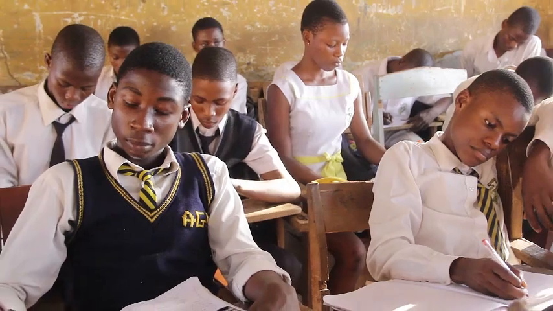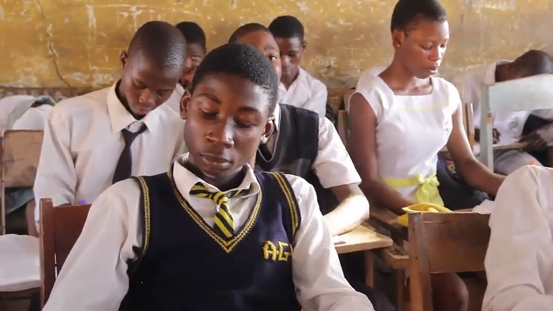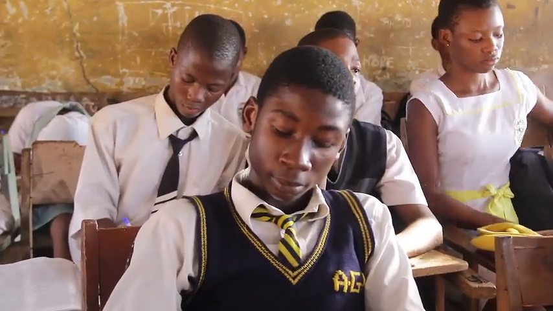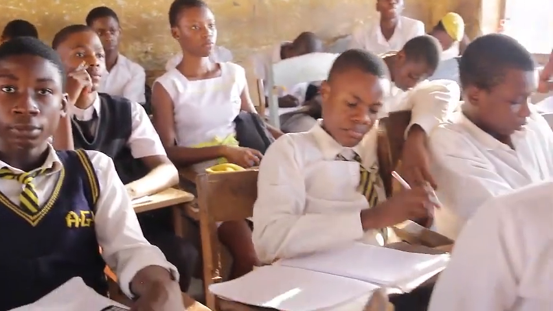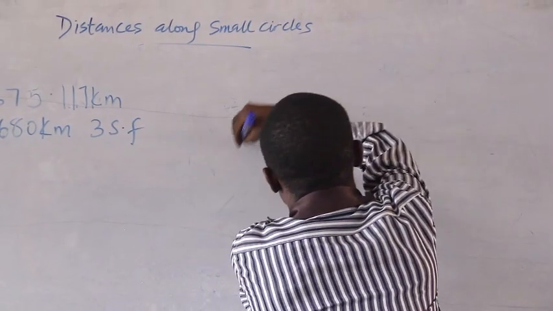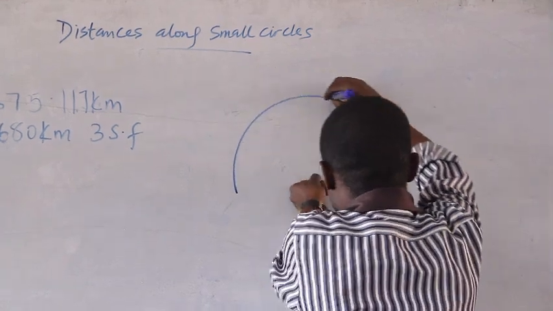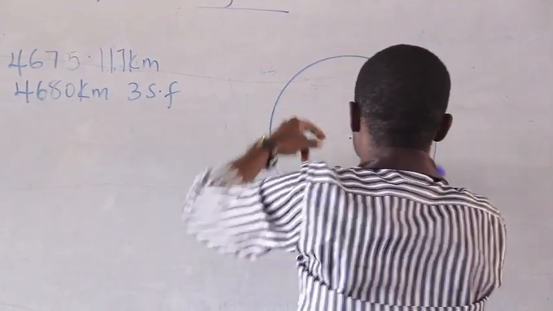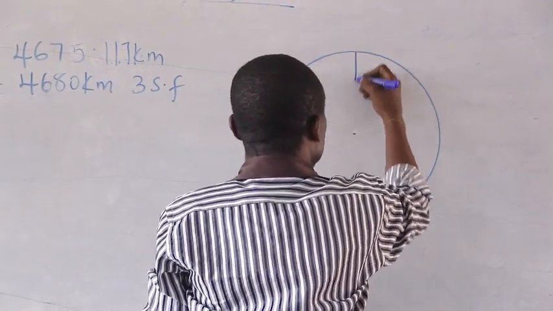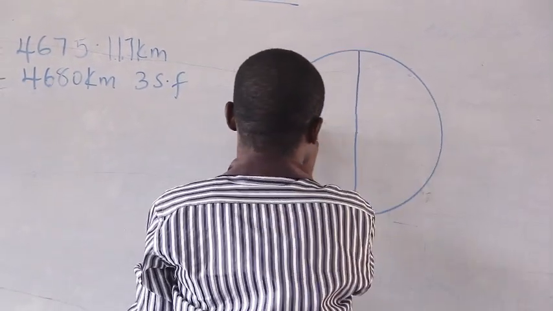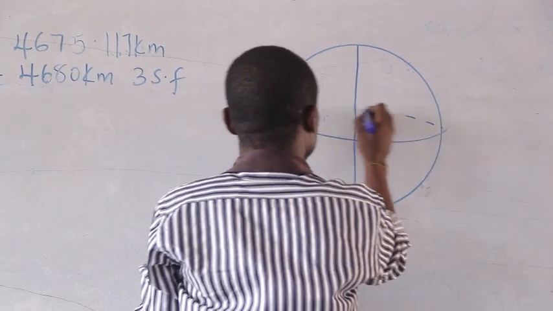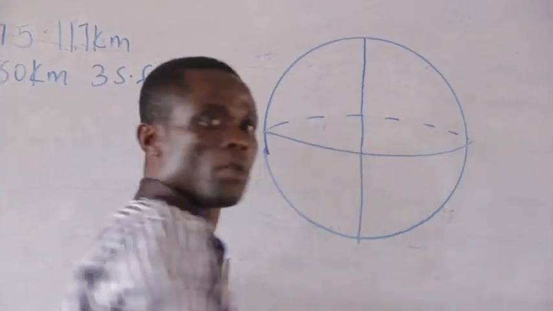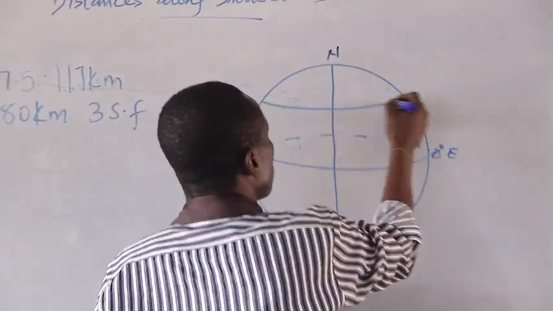Now let me explain this question. There is something I want to explain here, because when you have 154 degree east and 142 degree west. 77 degree north, okay?